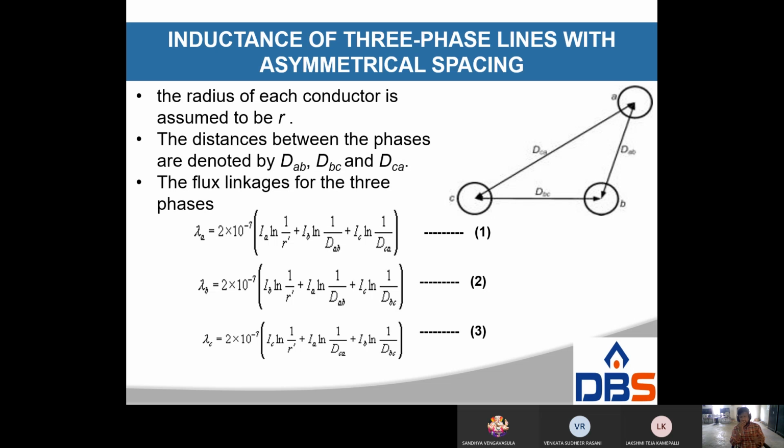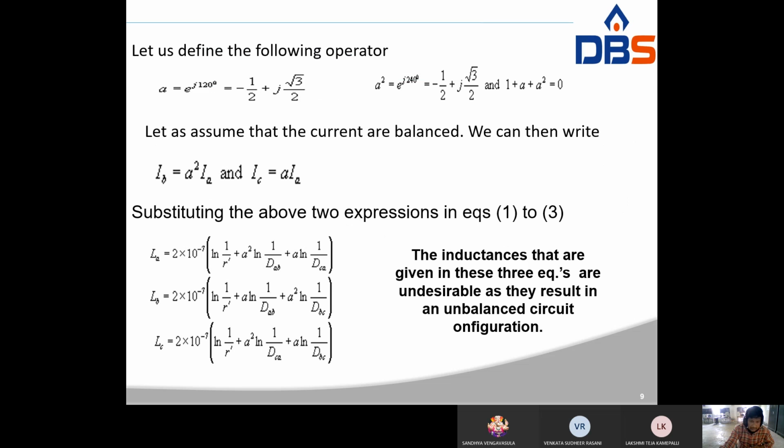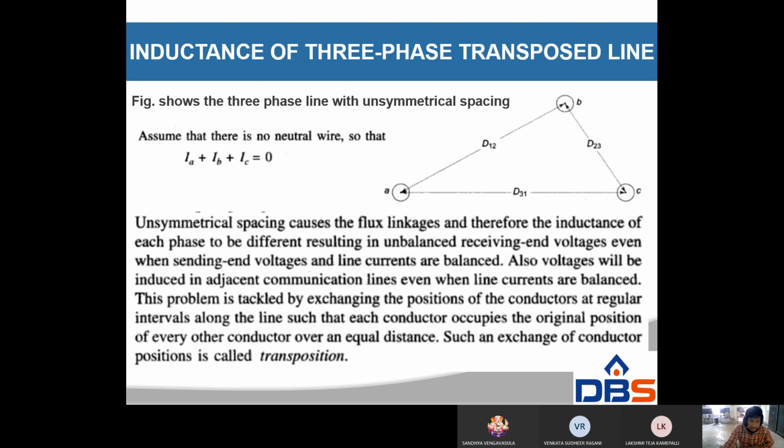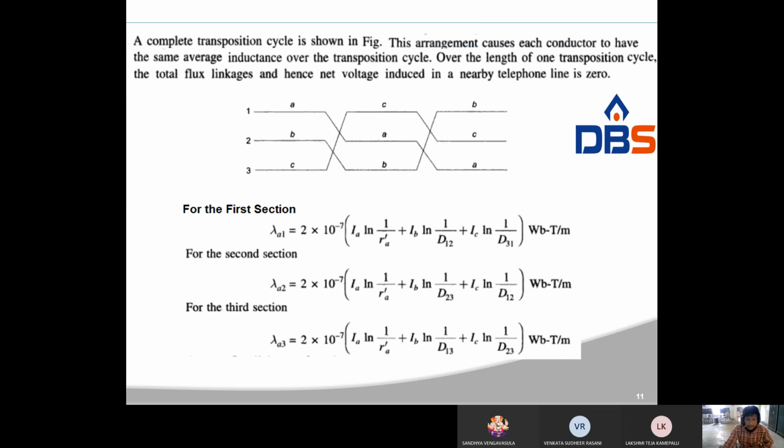To change the position of each conductor, so that they occupy the original position of every other conductor, this exchange of positions of conductors is called transposition of conductors, right? Look at the picture: A, B, C. Suppose one conductor, second conductor, third conductor.